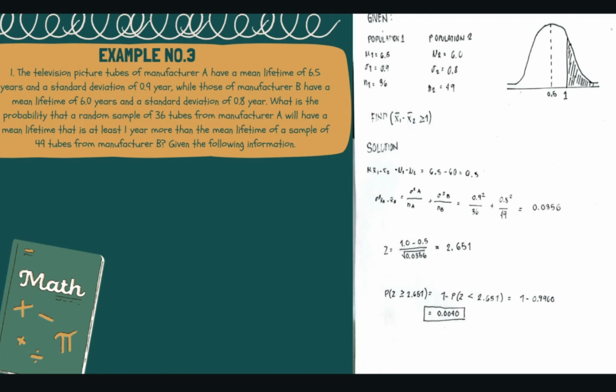What is the probability that a random sample of 36 tubes from manufacturer A will have a mean lifetime that is at least 1 year more than the mean lifetime of a sample of 49 tubes from manufacturer B, given the following information.